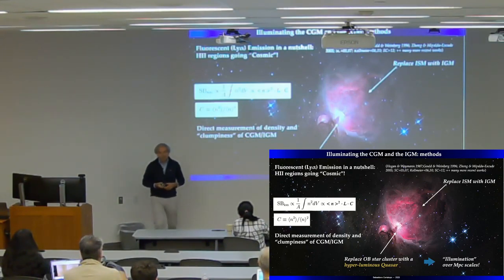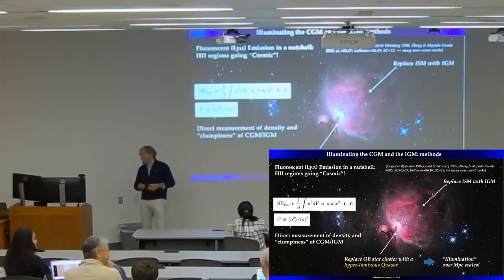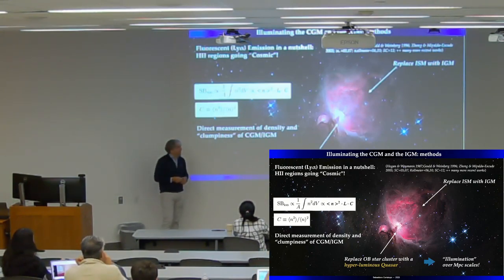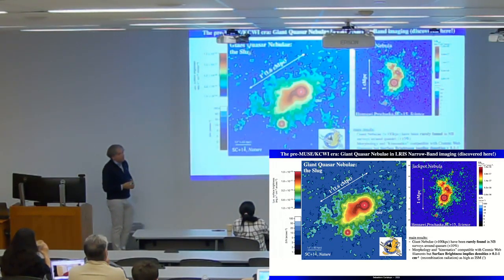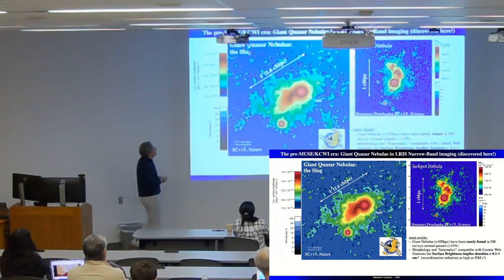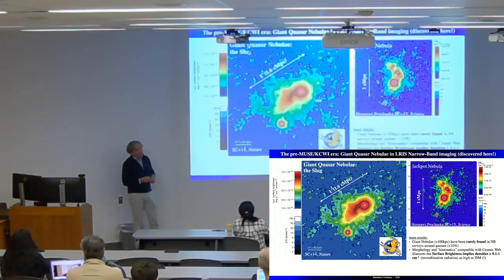So a constant topic of my talk will be measurements of density and clumpiness, and this will come back. Maybe the analogy with the interstellar medium is not just a fantasy, there is something more, as we will see later. So the trick is then to look around bright quasars.